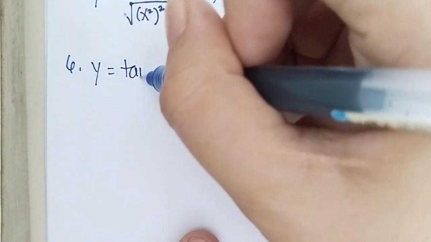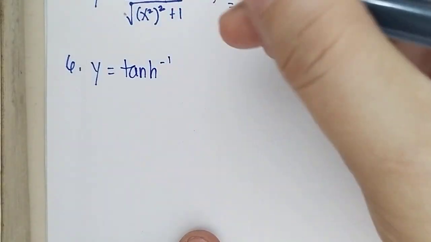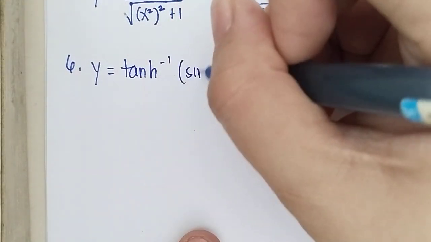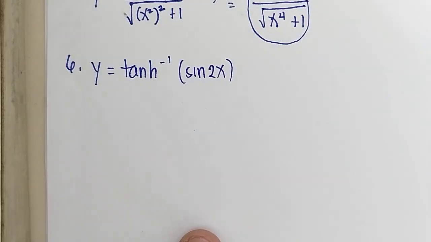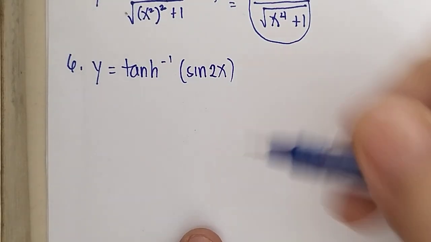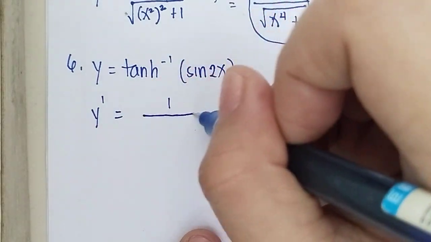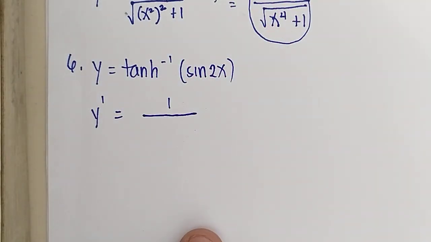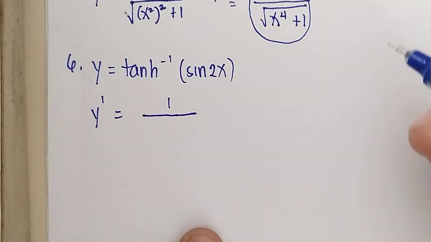For number 6, we're given the inverse of the hyperbolic tangent of sine 2x. The formula is the same for the inverse of hyperbolic tangent or the inverse of hyperbolic cotangent.